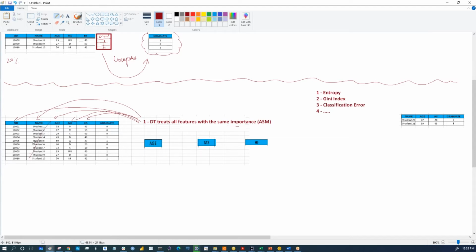But of course, we know we are not going to use the names, and we are not going to use the SID.